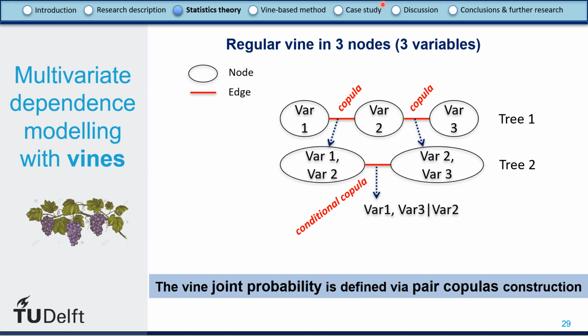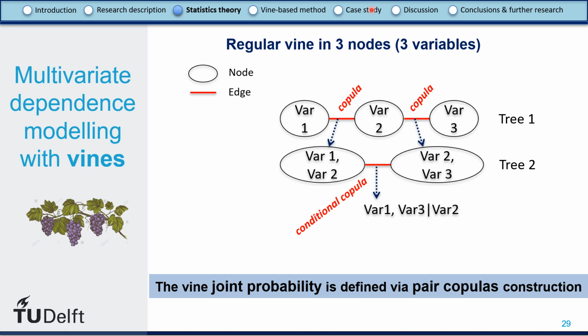That is why you see the word copula and conditional copula associated to the edges of this vine in red. In this case, a copula is a bivariate distribution function that describes the dependence between 2 random variables. The conditional copula also describes a bivariate dependence, but conditioned to a certain variable.